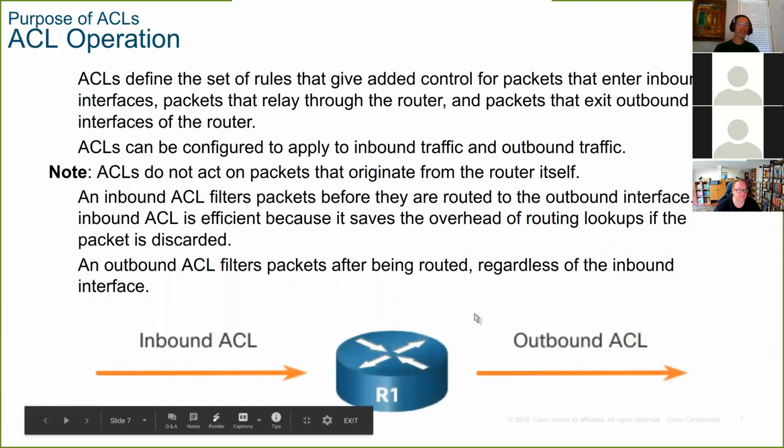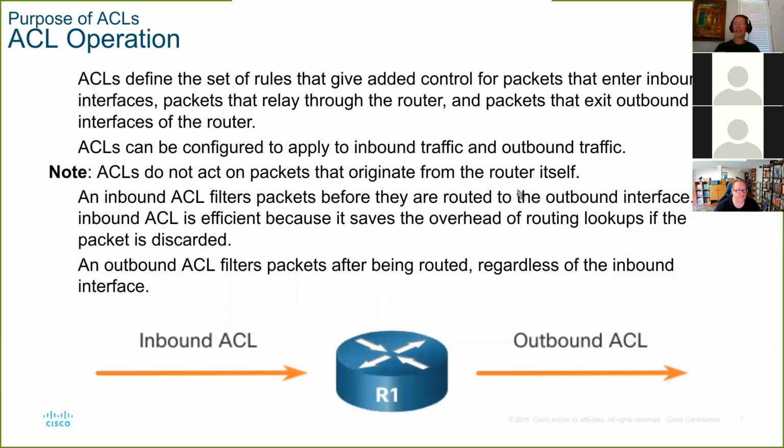So let's talk about the ACL operation. Remember, inbound is as traffic is approaching the router from outside the router. Outbound is traffic that has been switched from one interface to another by way of the routing process, and it's about to exit the router. So inbound and outbound.